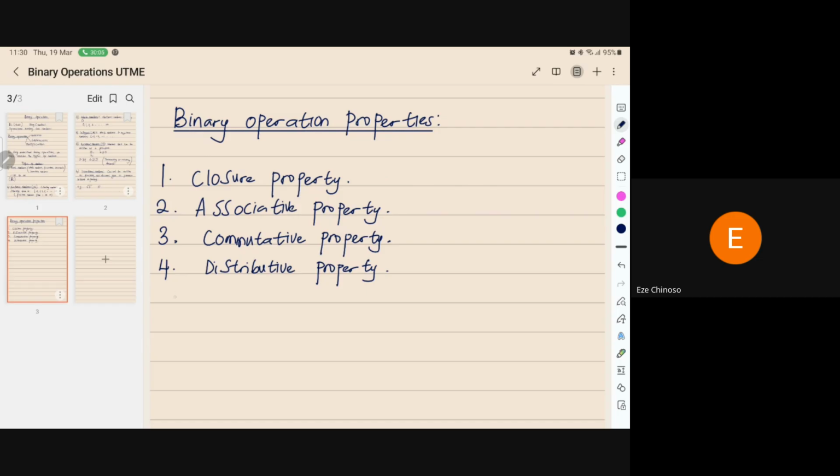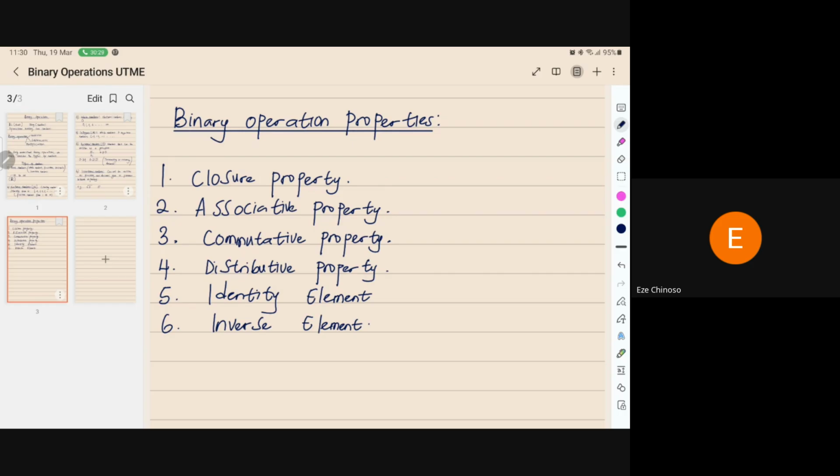And then we'll have the identity element. God willing, we'll cover all of these properties today. But anyway, we'll continue in our next class. And this is our inverse element.